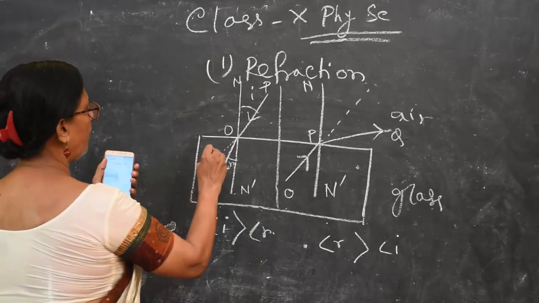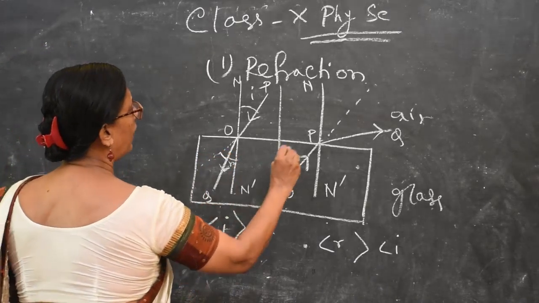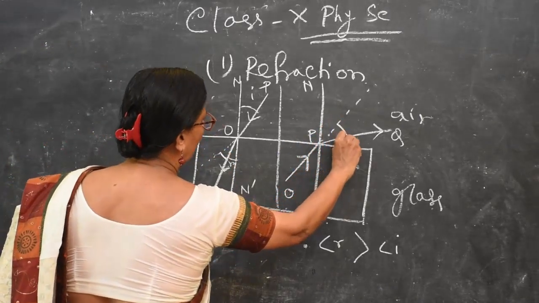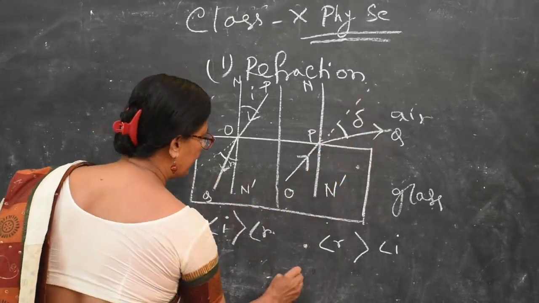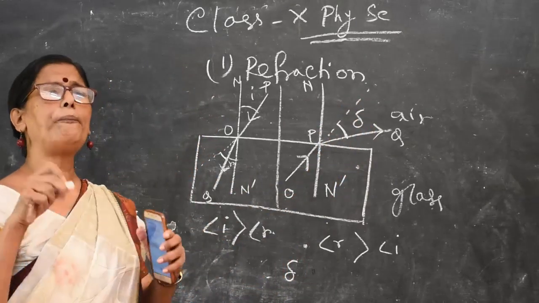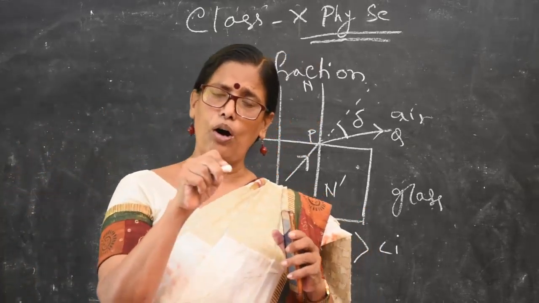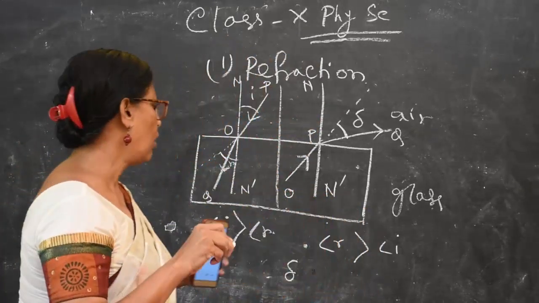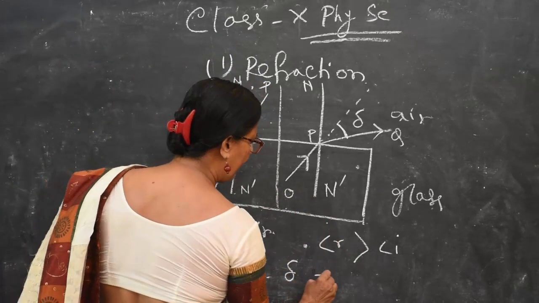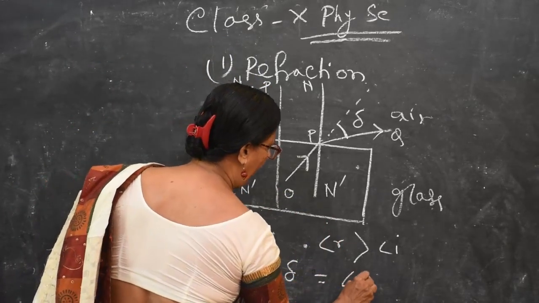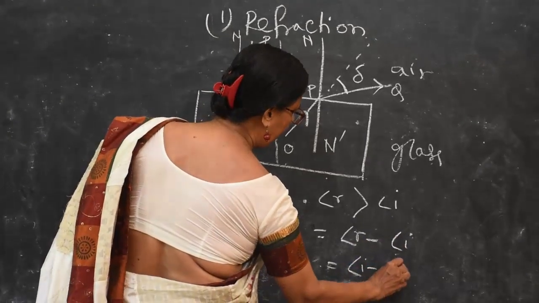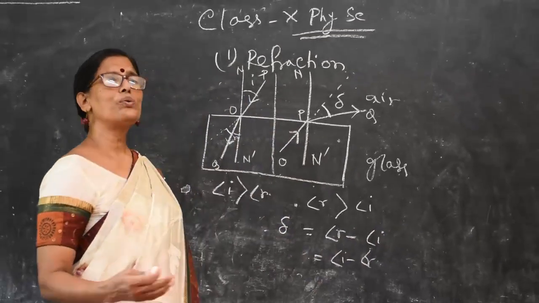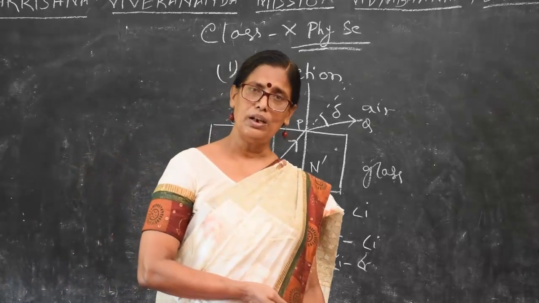So here, what is the deviation? It is called the deviation. Deviation is written by delta, a curved type of small d. It is called delta. Delta is equal to angle R minus angle I, or angle I minus angle R. Whichever one is bigger, we put it first.